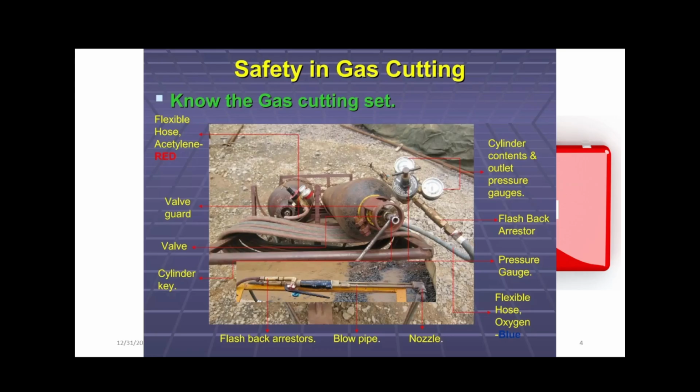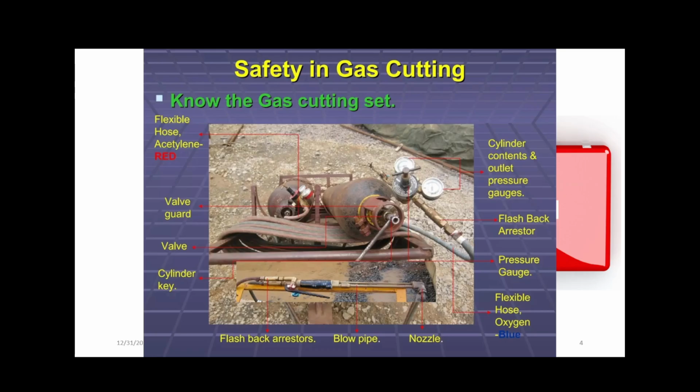So know the gas cutting set, know the flexible hoses, take note of the danger signs, know the valve gauge, know the valve cylinder itself, know the cylinder key.